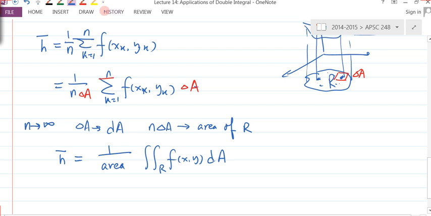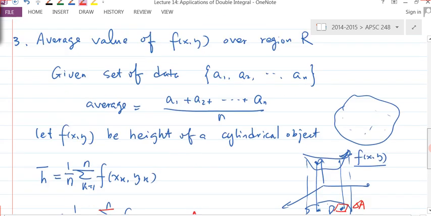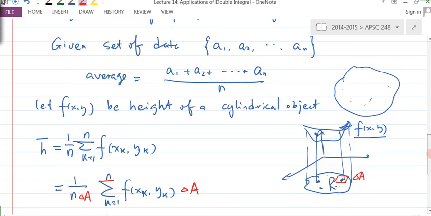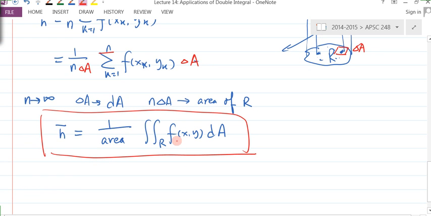So this is the third application. If you look at this formula, that's essentially what the title is saying: the average value of this function over region R. If you think carefully, that's exactly what happened.